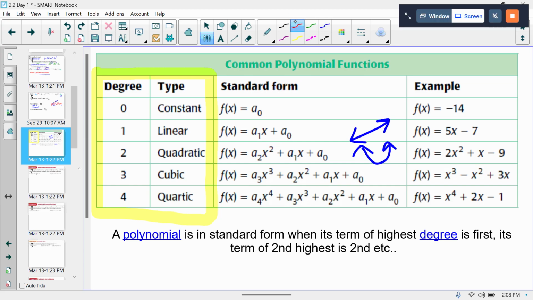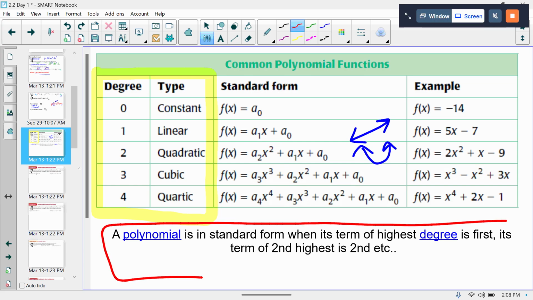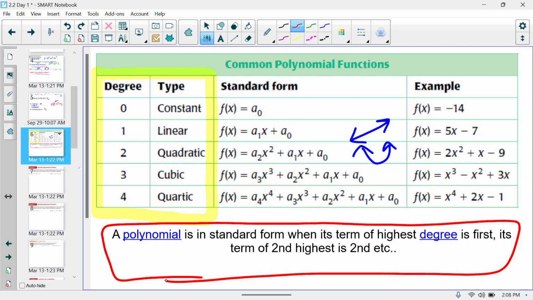One more thing you need to write down in your notes here. This definition at the bottom: a polynomial is in standard form when its term of highest degree comes first, then the second highest, and so on.